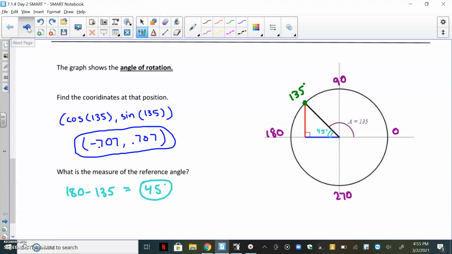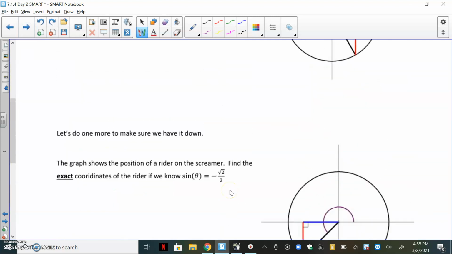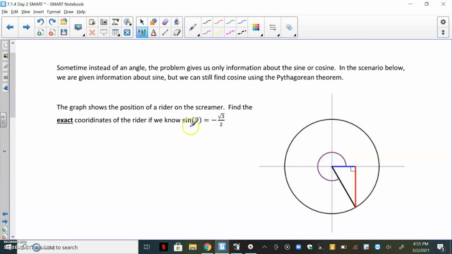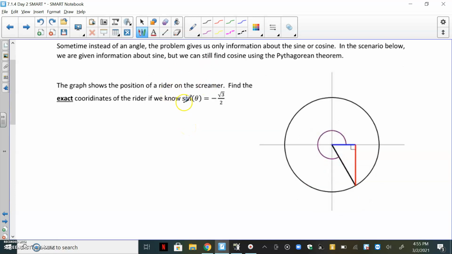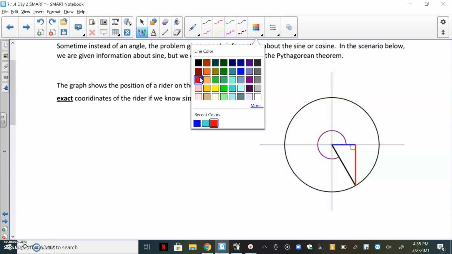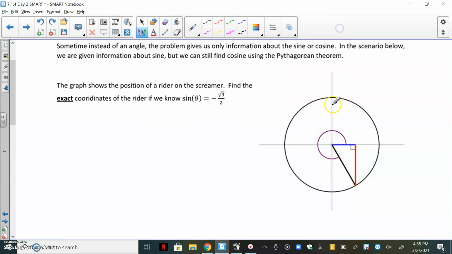On this page we have a different kind of situation. Now I'm giving you the sine, or it could also be cosine, it's just these examples are sine, and you have to find the coordinates. So really I've given you half of the answer, and you have to find the other half. Because I gave you sine, you need to label your triangle accurately.